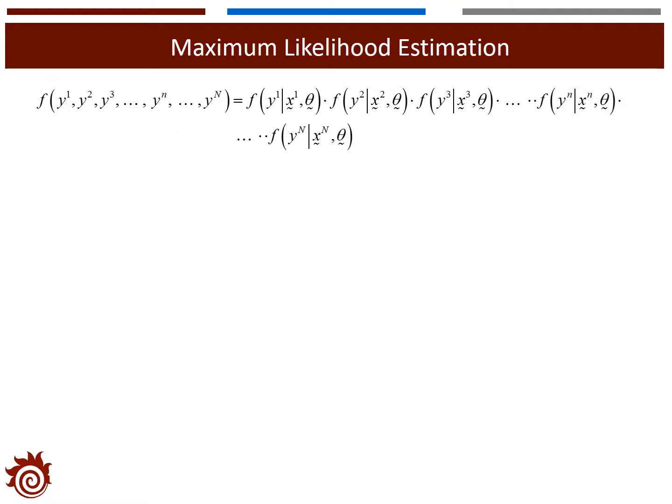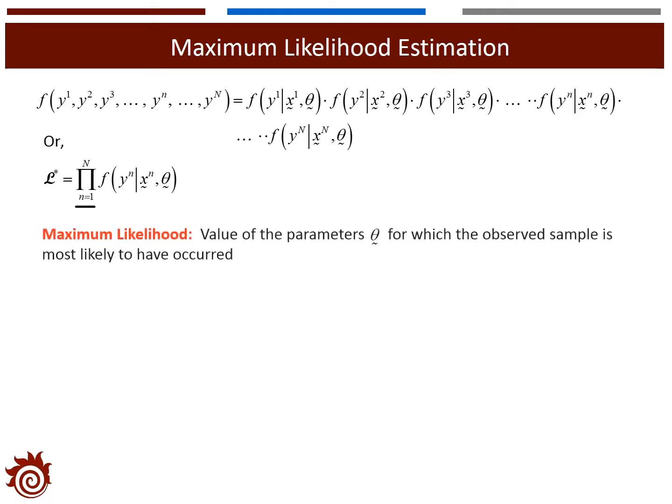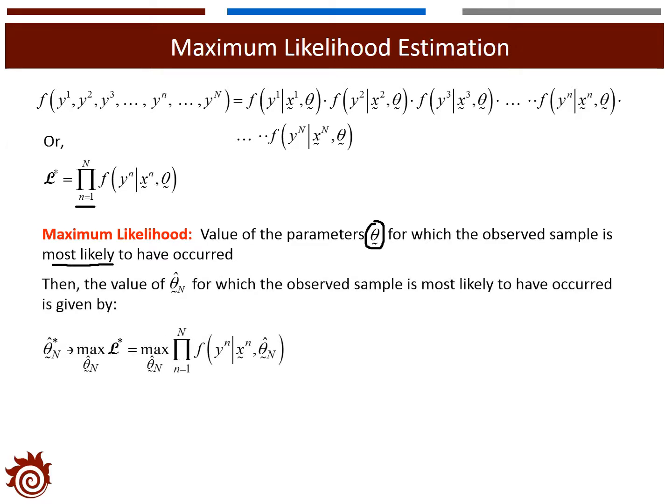The likelihood function can also be simplified with the product operation. In the maximum likelihood estimation method, we're trying to find a set of parameters to estimate the deterministic parameter theta, and those parameters will ensure that the observed sample is most likely to occur in the population. In that sense, we have the optimization problem as shown in this equation.